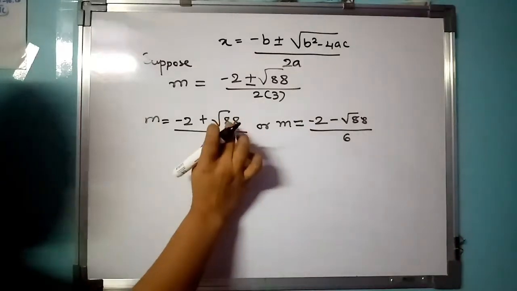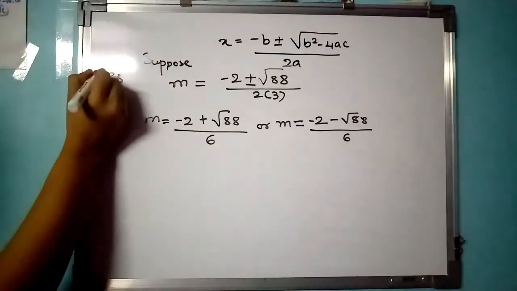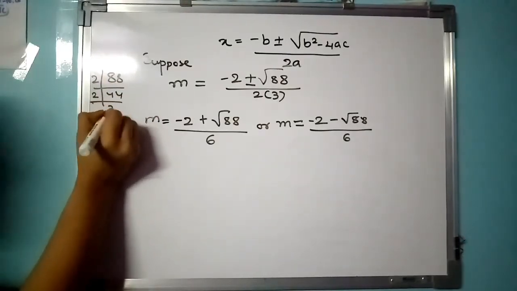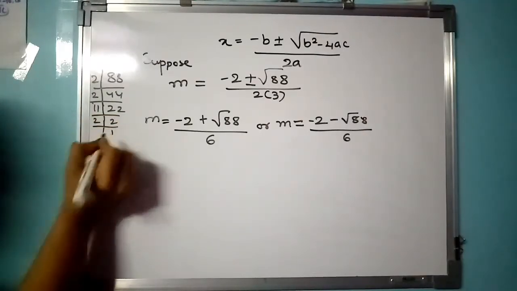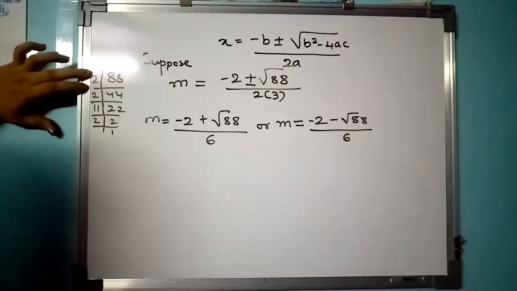Now split 88 in such a way that it carries a hidden root. We can find the hidden root is 4 into 22.